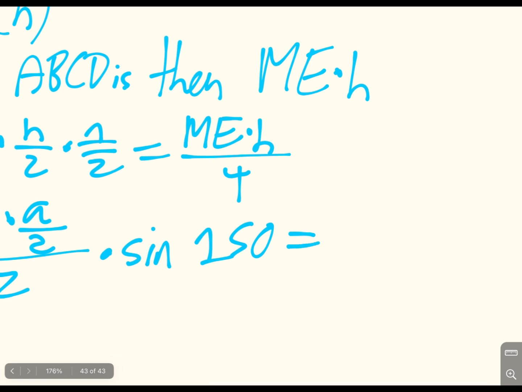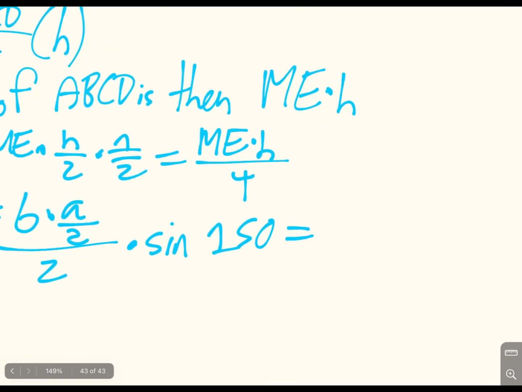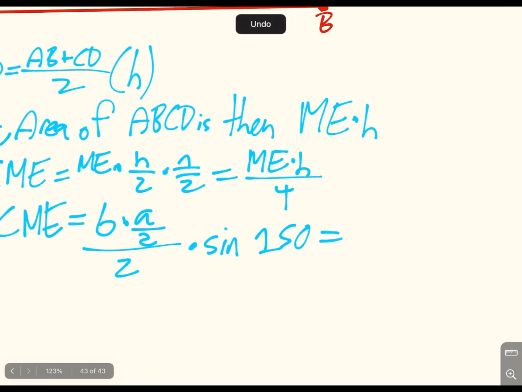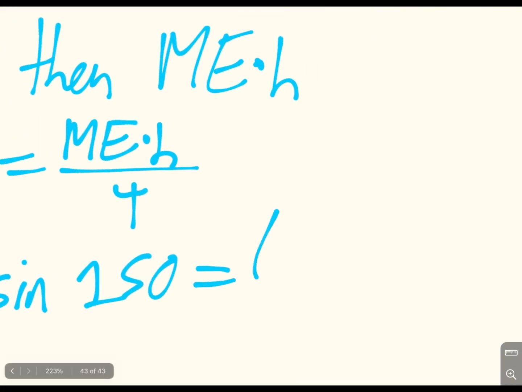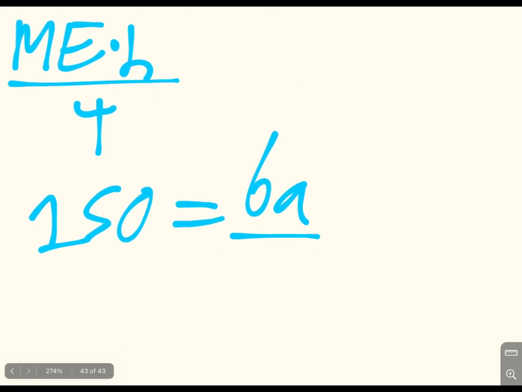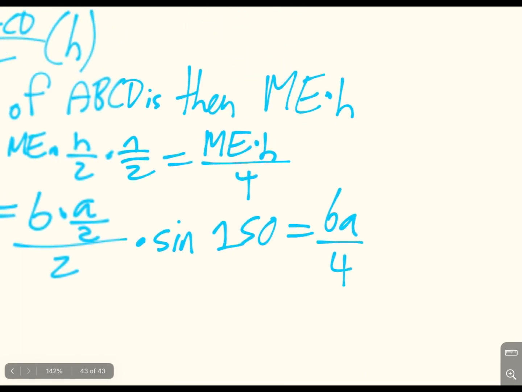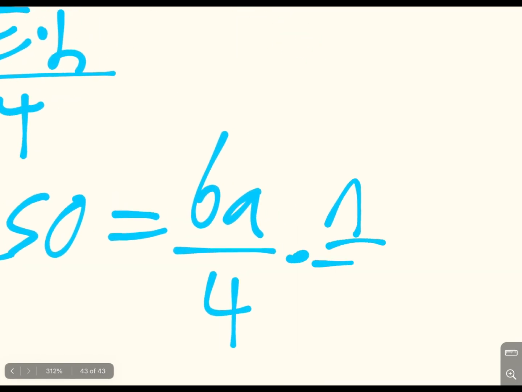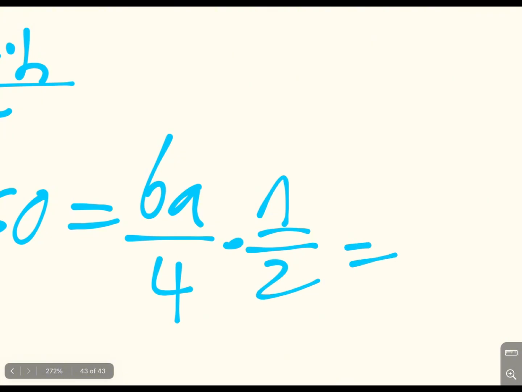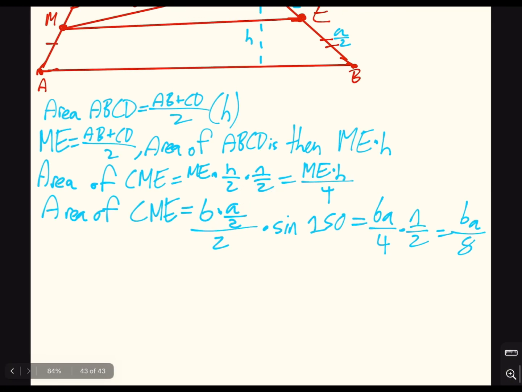So since sine of 150 is 1/2, this whole thing simplifies to B times A over 4, times 1/2, which is then equal to B times A over 8.